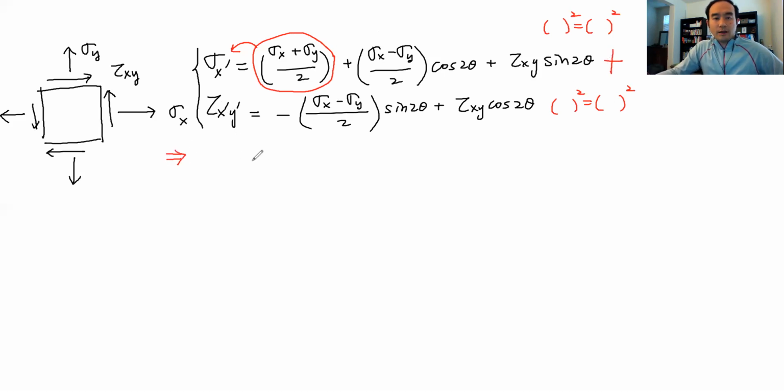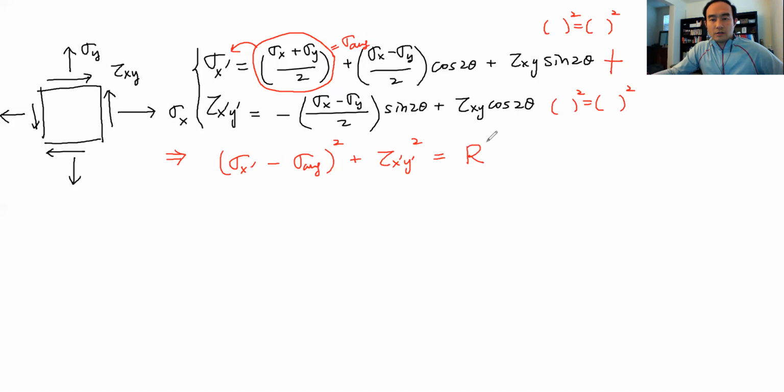We finally get an expression like this: sigma x prime minus this, which is sigma average, squared, plus tau x prime y prime squared, will be equal to something squared.